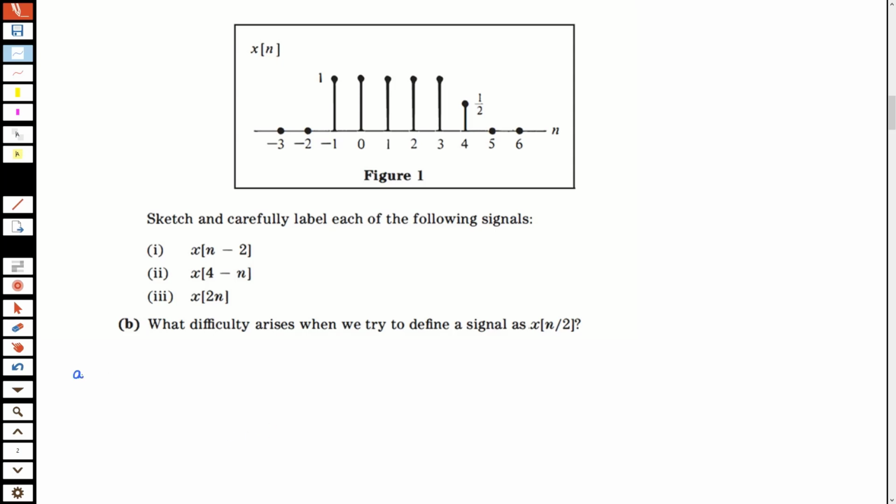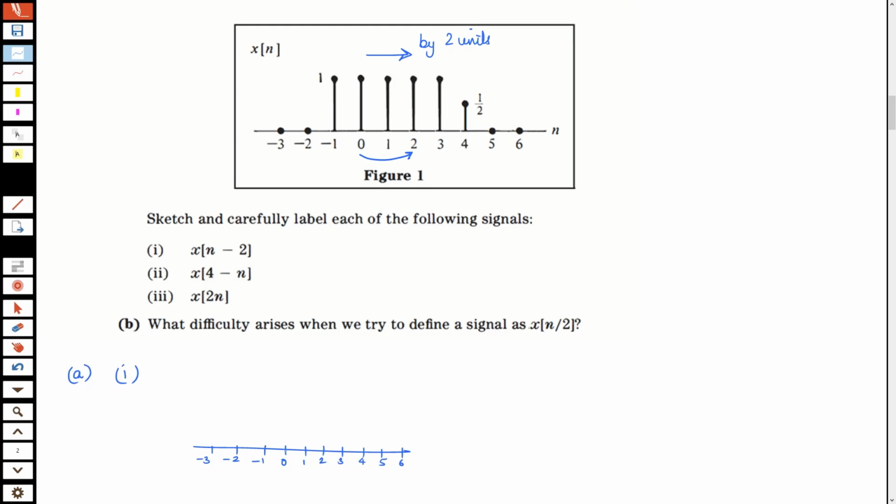So I'll start with solution of A, 1. So x of n minus 2 would be something like this. Let me draw the axis. X of n minus 2 means the whole signal x[n] will be shifted to the right hand side by 2 units. That means whatever was at 0 now goes to 2.